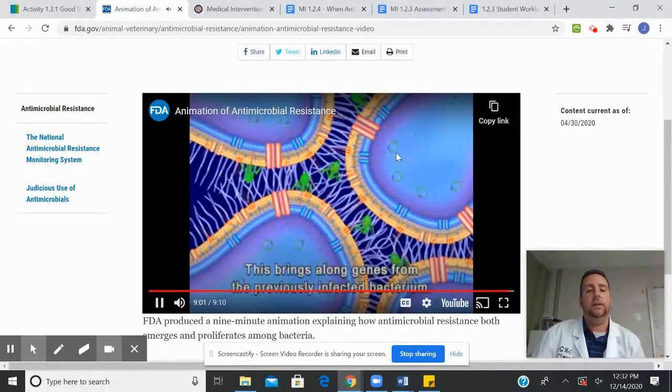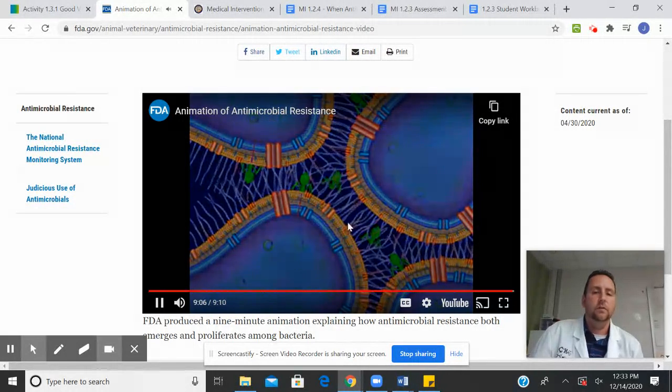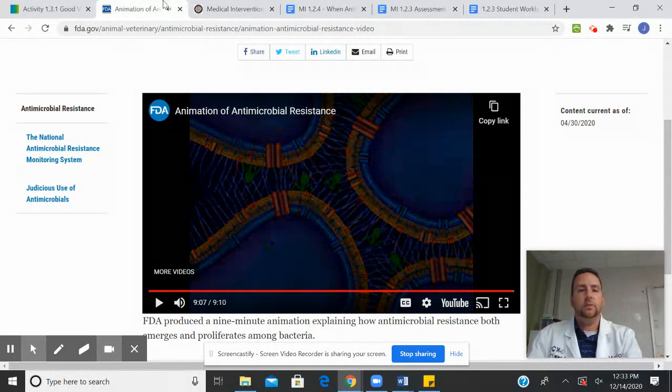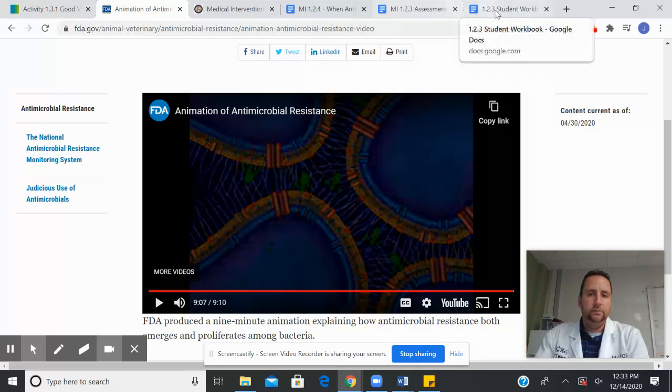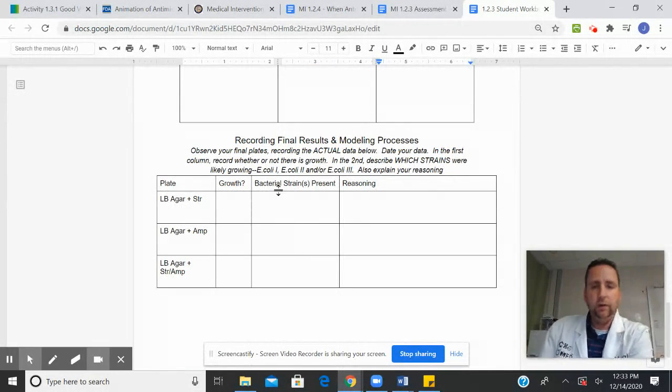So now these cells are all getting that particular form of resistance because these viruses happen to pick it up. So those are really the three types of antibiotic resistance transfer. In this case, you have a plasmid going from one to the other. That would be conjugation. Here we have donor DNA or naked DNA. It's going straight over, but it's not a plasmid. That's transformation. And here we have the phage or the virus. That would be transduction. All right, and then we'll look at our final results.